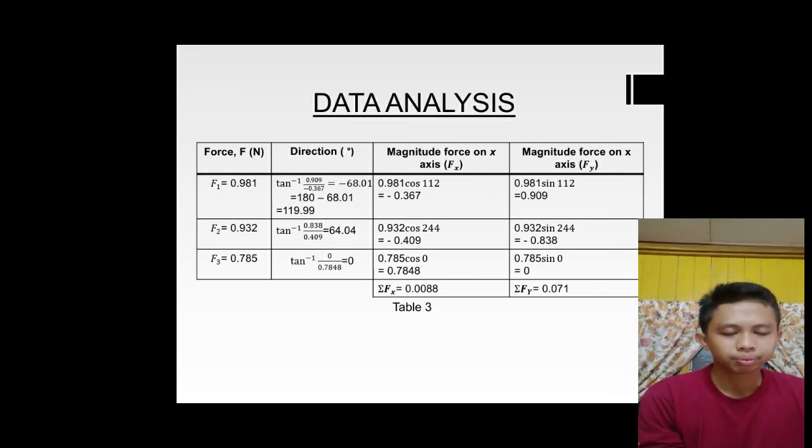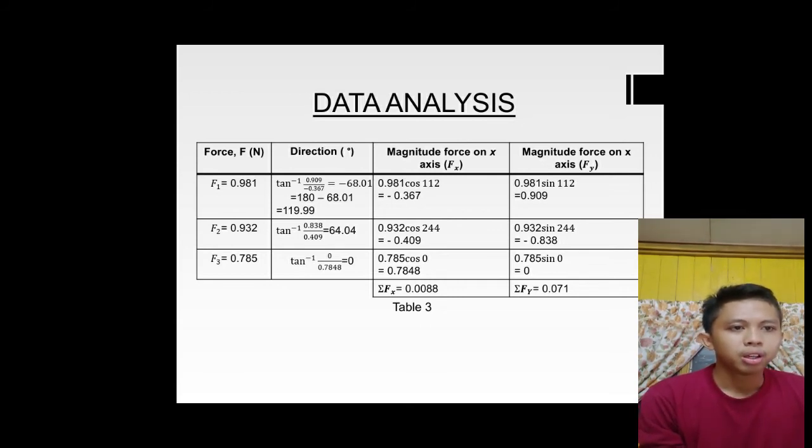Force 3: 0.785, cos 0, resultant 0.7848 force on the X axis; sin 0 resultant 0, Fy resultant.